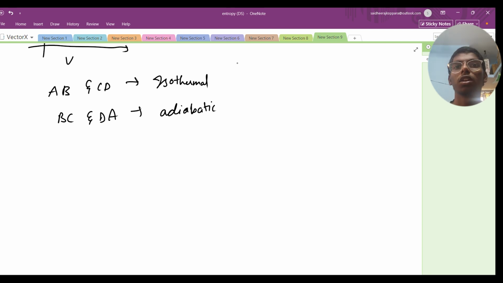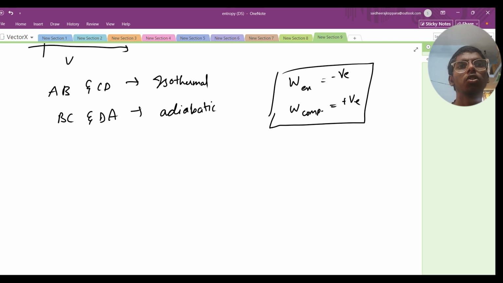Yeah, just look at what is compression and what is expansion, then you'll get to know. Always remember, in case of expansion your work is always negative, and in case of compression your work is positive.